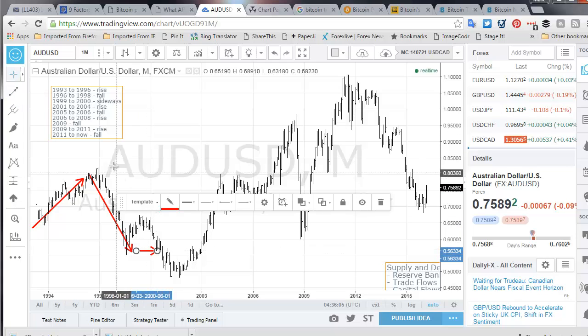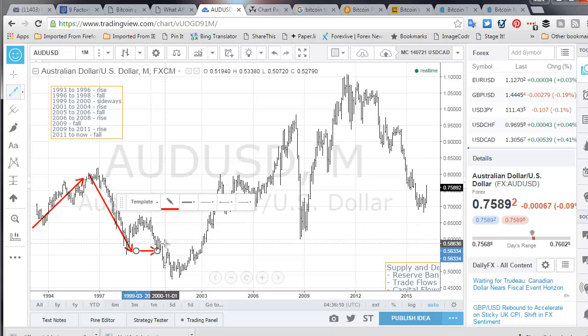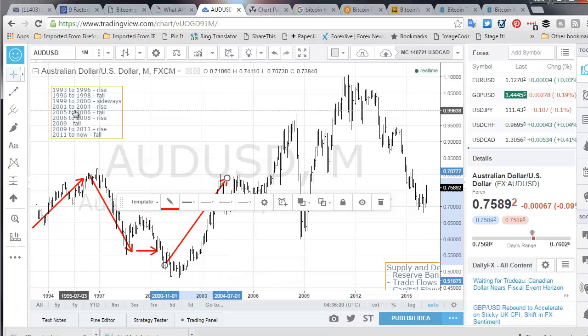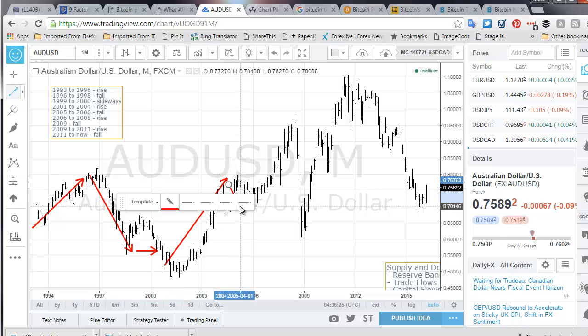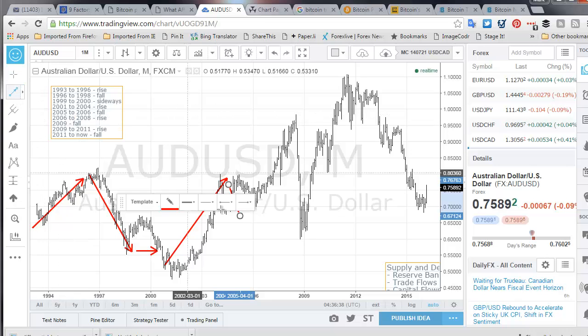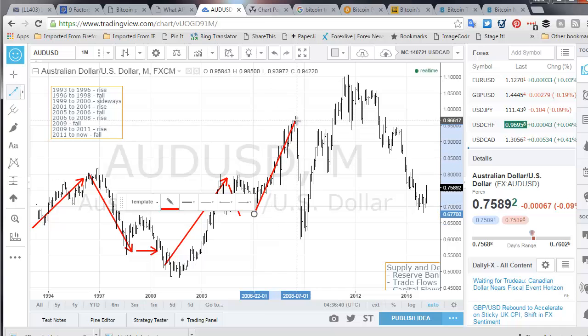2001 to 2004, we have interest rates rising. So from here to 2004. 2005 to 2006, we have a fall in interest rates. Then 2006 to 2008, we have a rise, up to there.